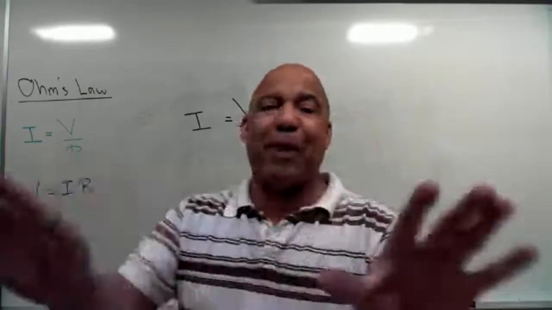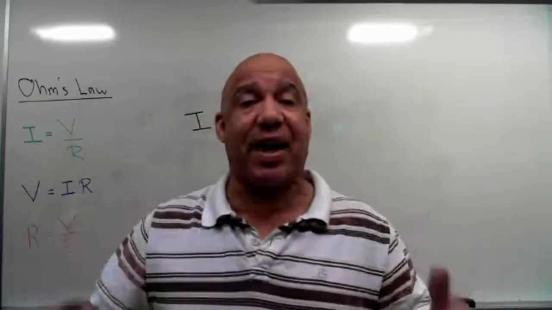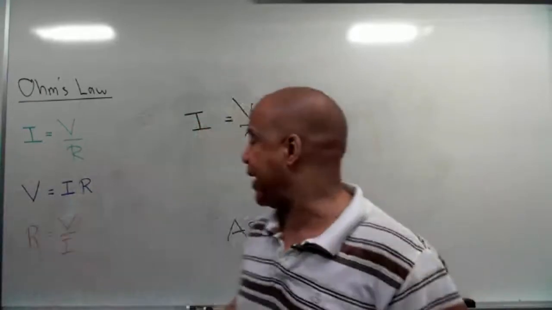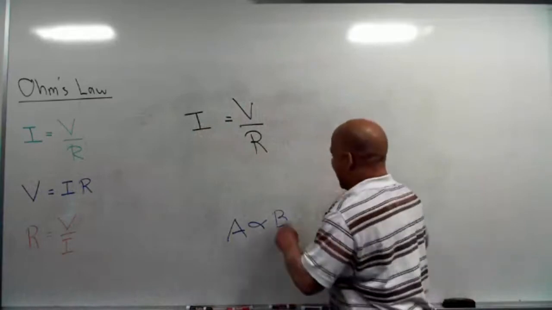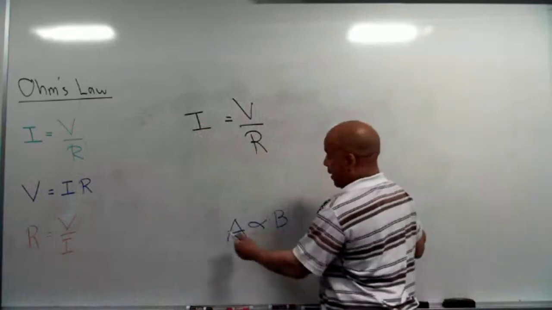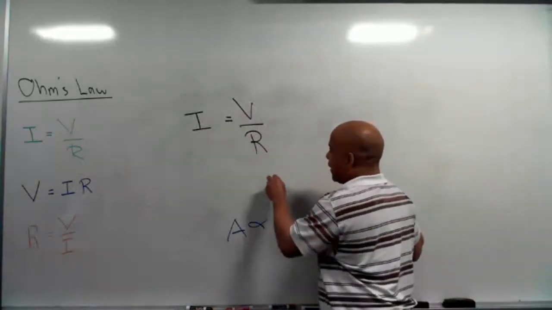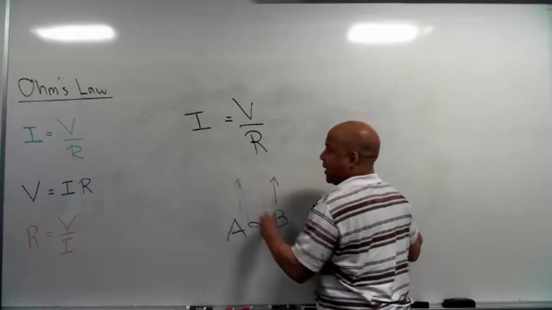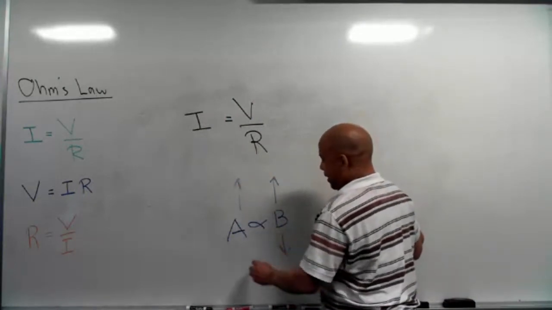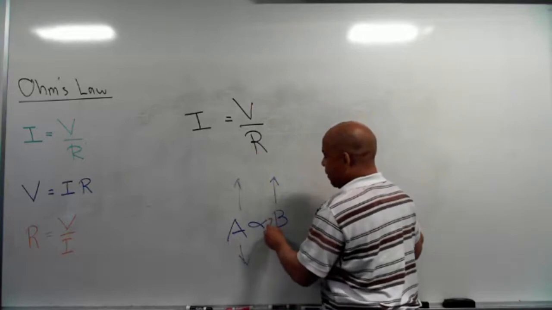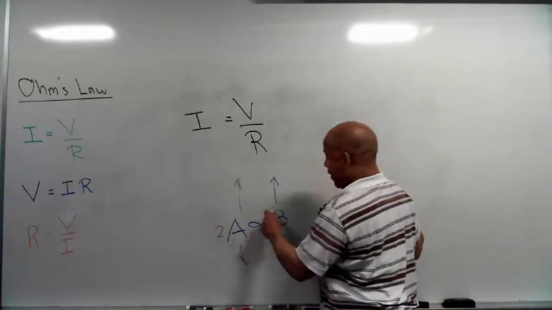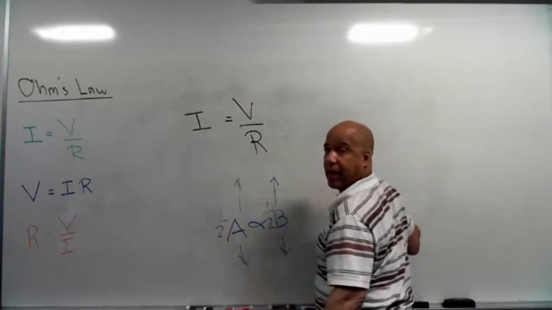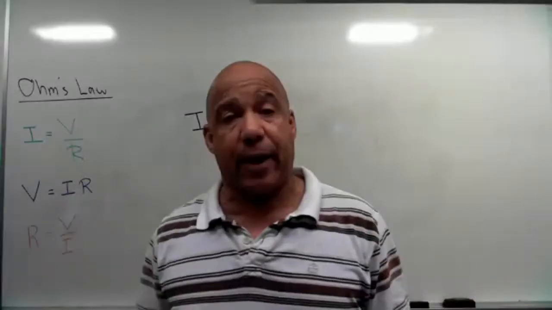If I increase B, then I increase A. If I decrease B, I decrease A. If I double B, I double A. If I cut B in half, A gets cut in half. Whatever I do to one quantity, the other one's going to follow the same way.